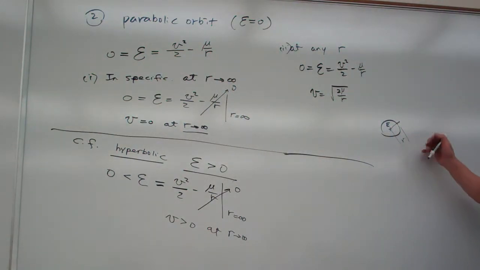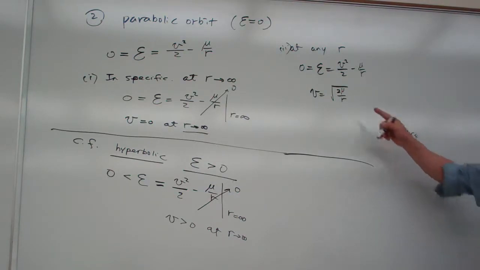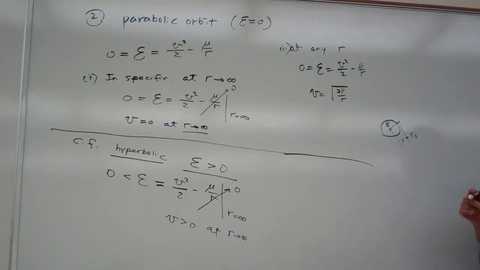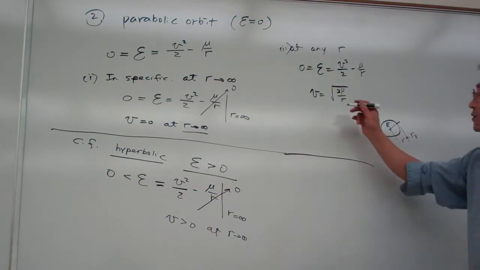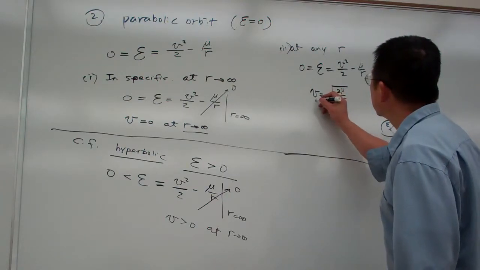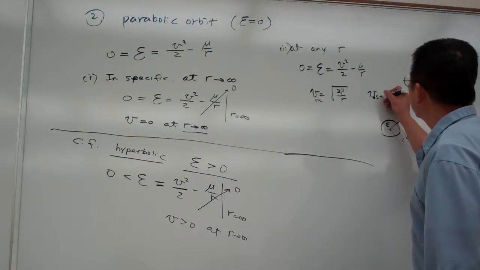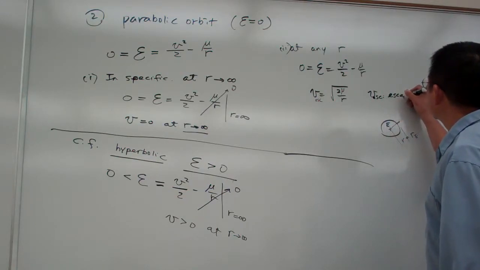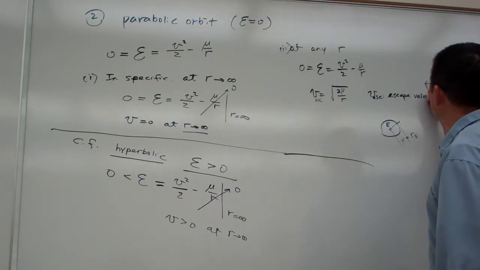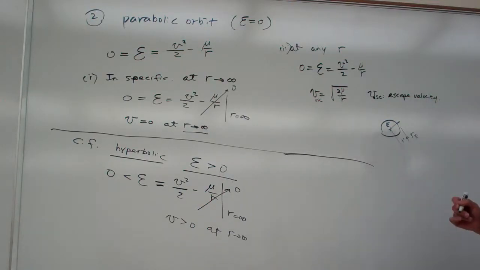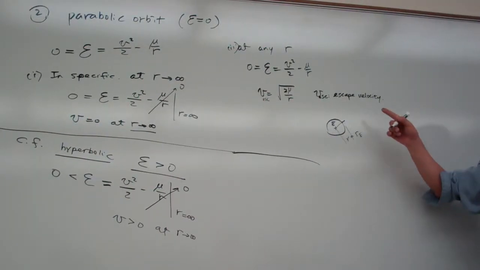So from here, you simply set r equal to the radius of the Earth, plug in here, do the calculation, and you can quickly determine the escape velocity. So here is v escape. Okay, so that is the escape velocity.